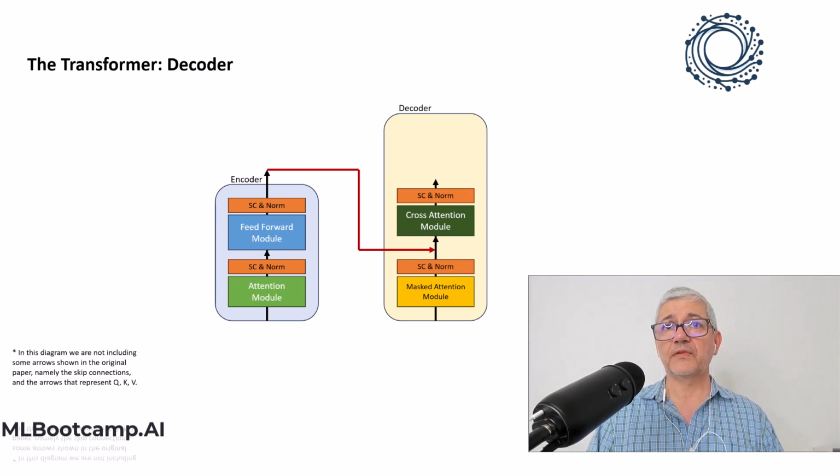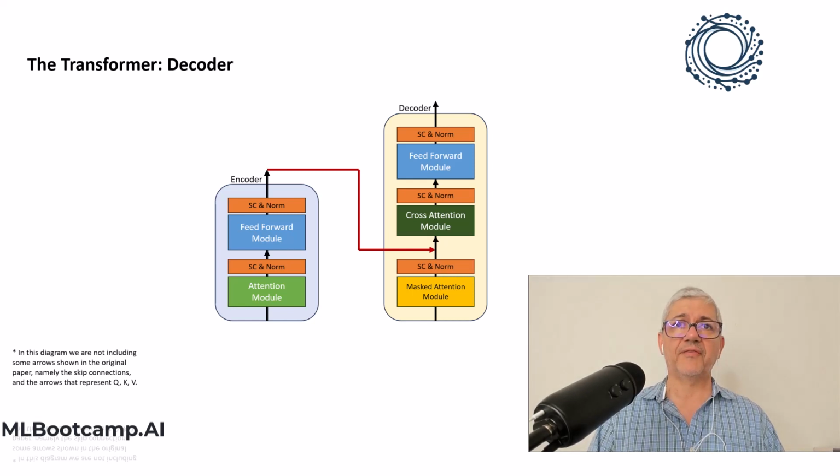The implementation of this is similar to the self-attention function that we have seen before. The only difference is that the key and the value parameters come from the encoder. After the cross-attention module, we have another feed-forward neural network, which will behave exactly as the one we already saw in the encoder.